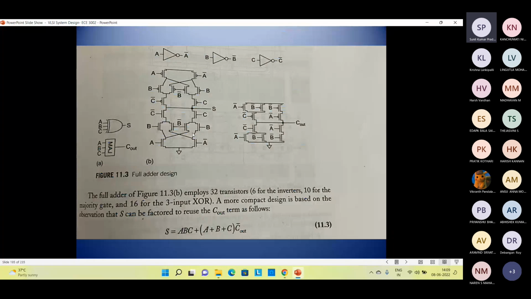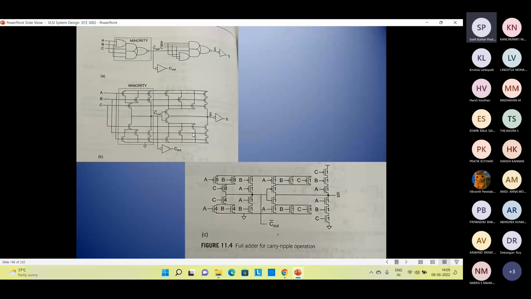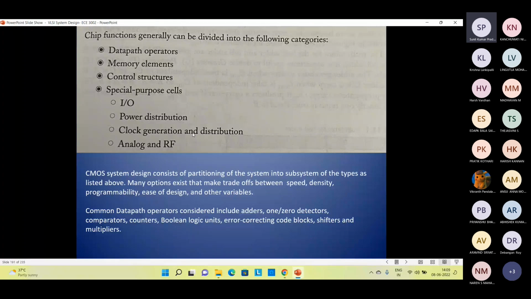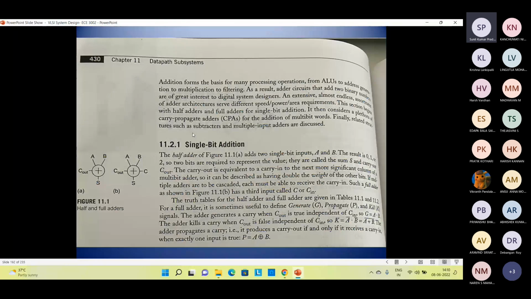So far we have studied the subsystem design and how the function is generally divided into different categories.